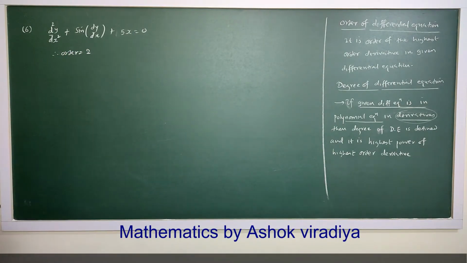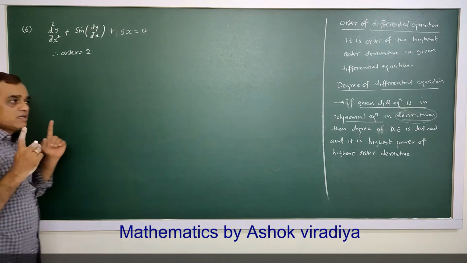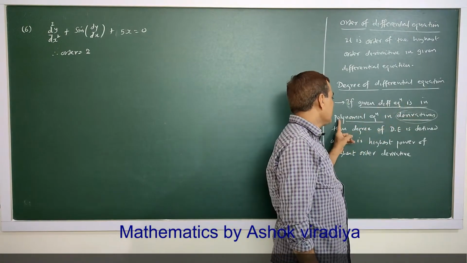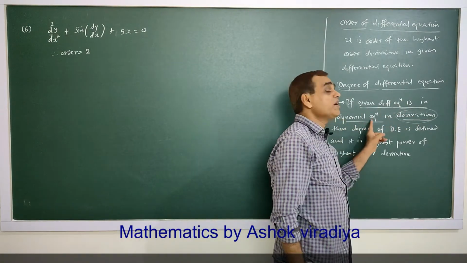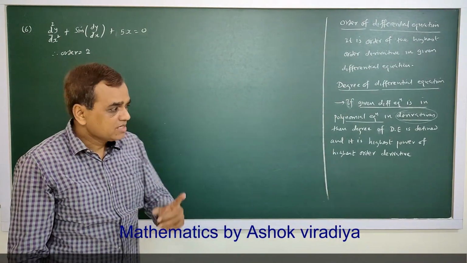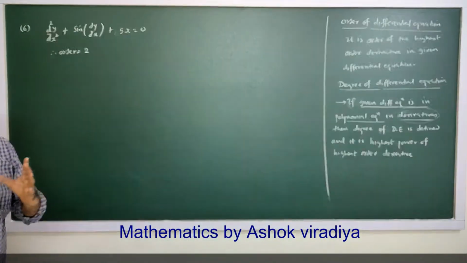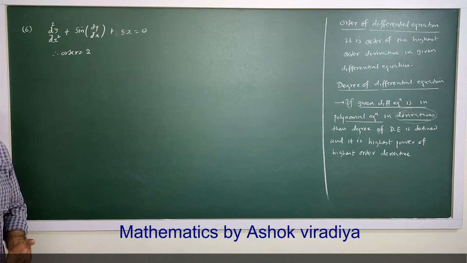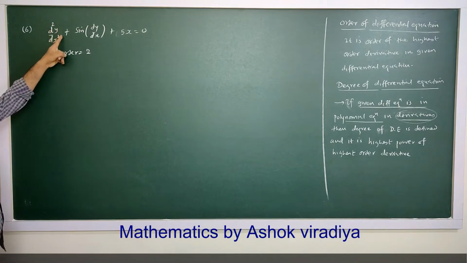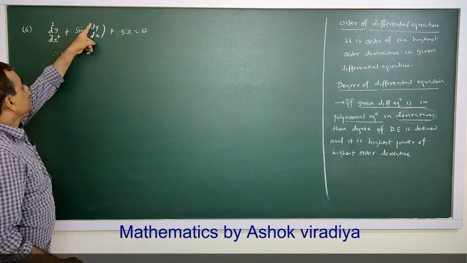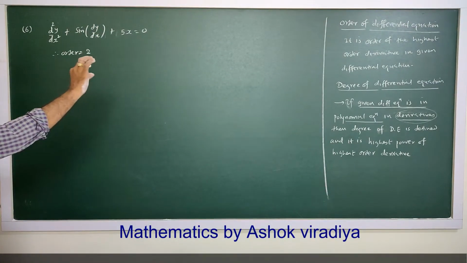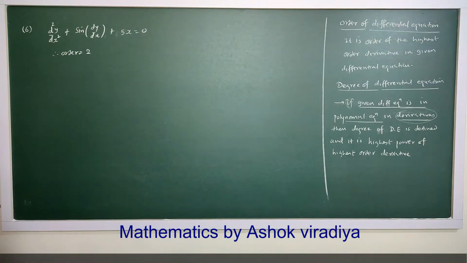Now degree. Before taking degree, always check that the given differential equation must be a polynomial equation. Polynomial equation means derivatives must have positive integral power. Now look here. Here power is 1. Here also power is 1. But this is not in polynomial form.